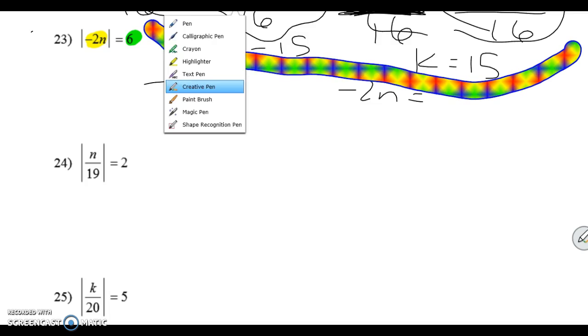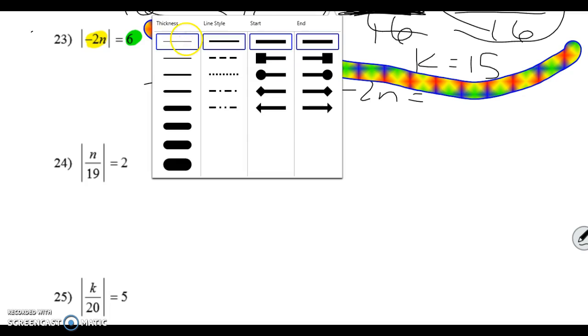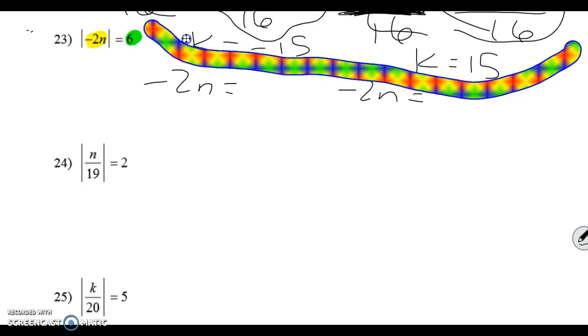So this is my location. Negative 2n is something, and negative 2n is another thing, because there are two locations. I can go 6 this way, I can go 6 that way. So what's this location right here, everybody? If I'm walking 6 this way, that would be negative 6.